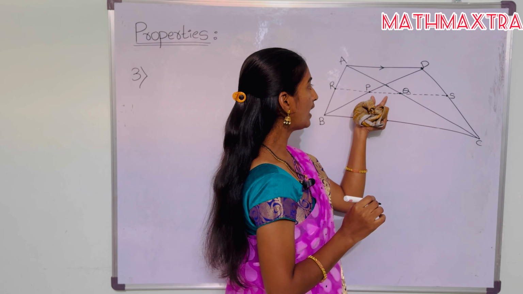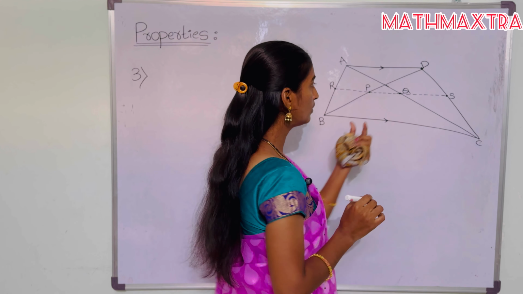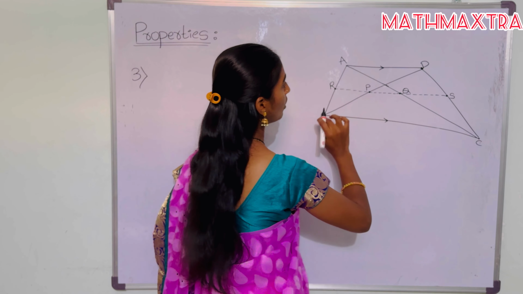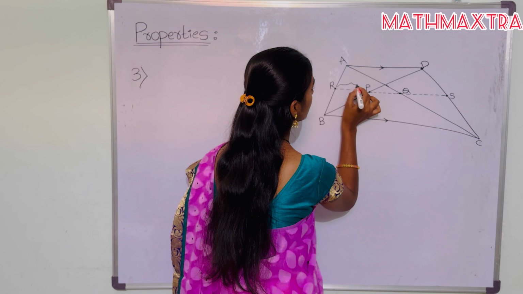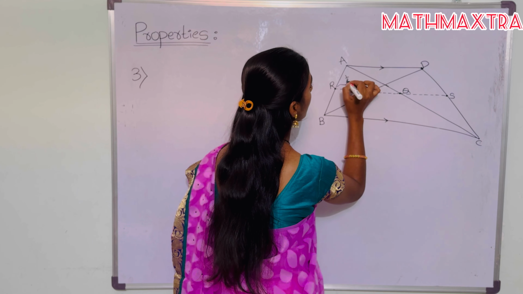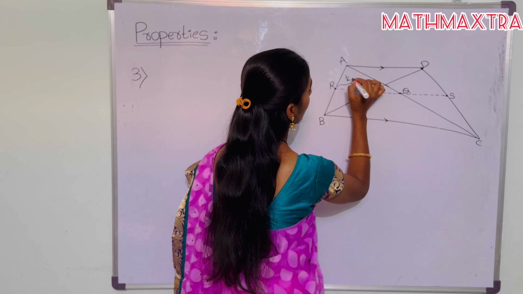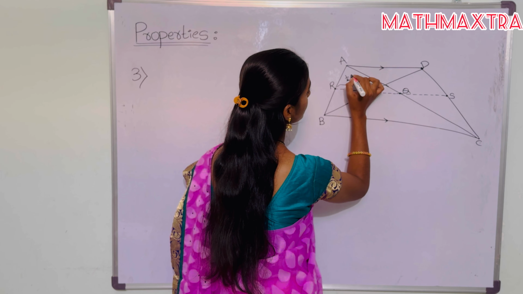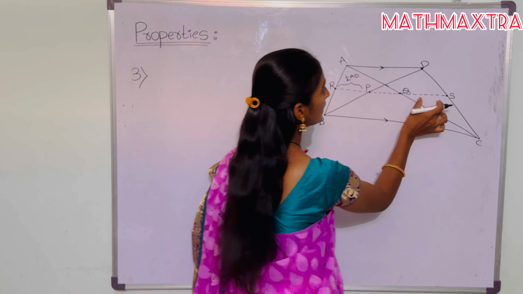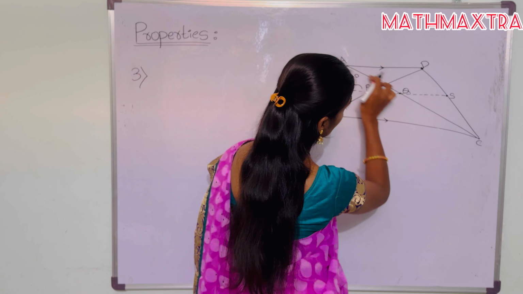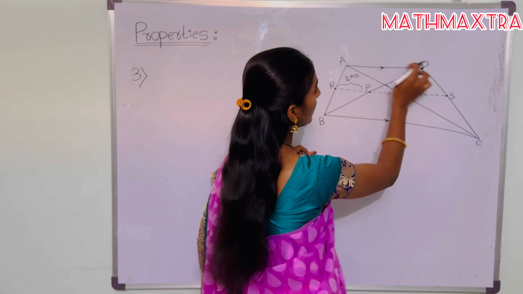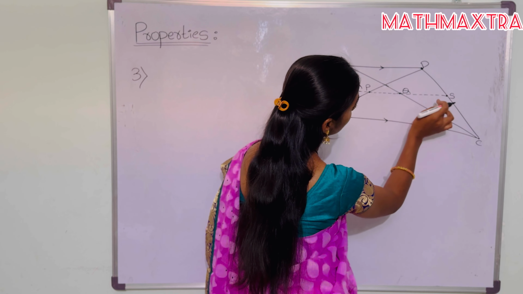Now I have to calculate PQ. Just now we have seen that this RP length is nothing but half of AD, right? Half of AD. And this QS length, in this triangle ACD, what happens?